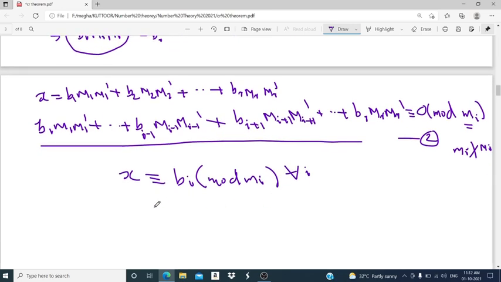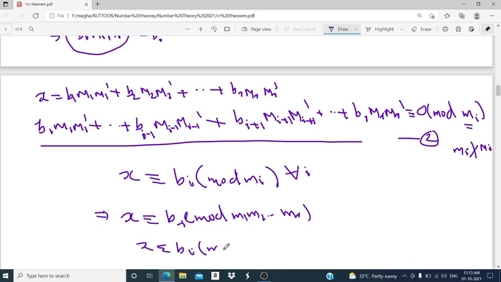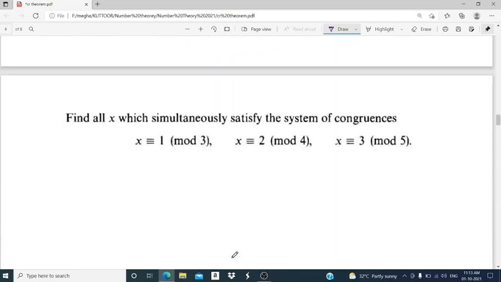This is satisfied for all i, or we can say that x congruent to bi mod the product m1, m2, etc., mr. That is because x congruent to b1 mod m1, x congruent to b2 mod m2, etc., x congruent to br mod mr. Therefore x congruent to bi mod mi for all i equal to 1 to r, therefore x congruent to bi mod capital M, the product capital M. This is the unique solution. This is the proof of the Chinese remainder theorem.